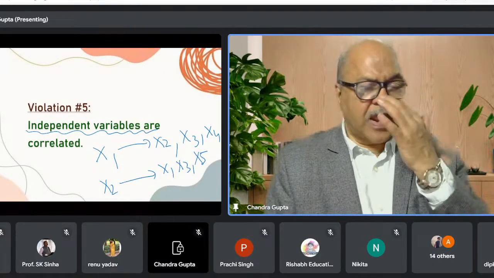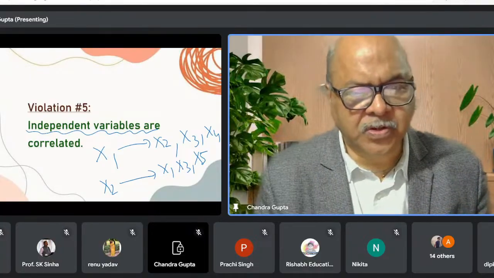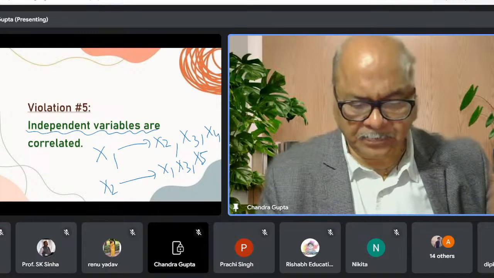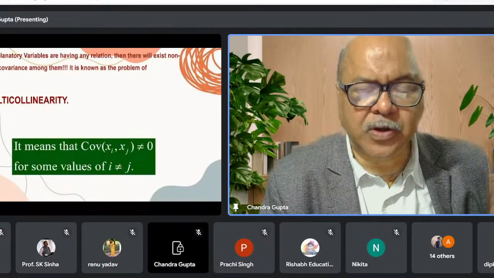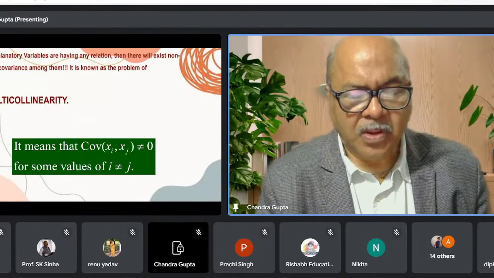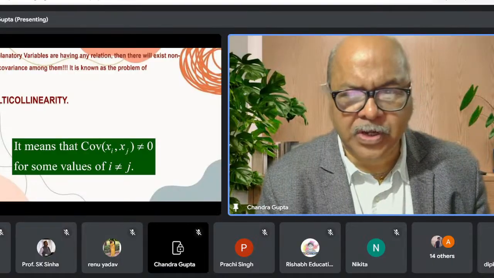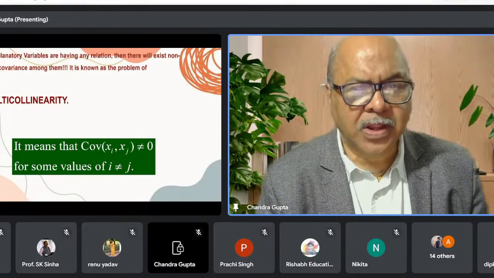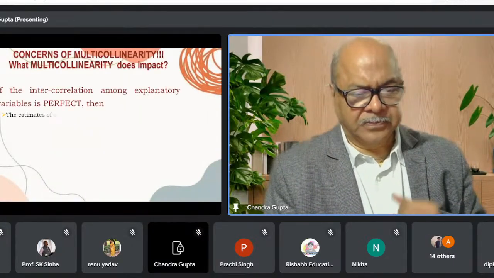If this kind of correlation exists, we have a problem which is called, anyone, what is this problem called? Multicollinearity problem. If the covariances between the independent terms are not equal to zero, then we have what is called the multicollinearity problem.